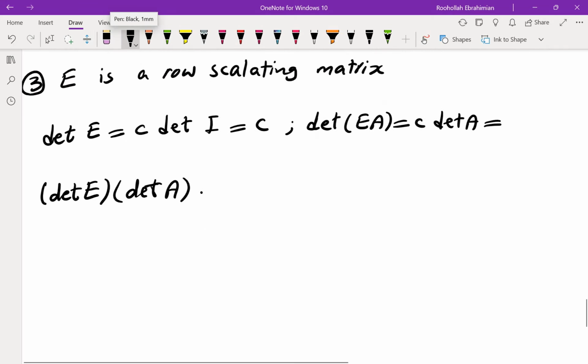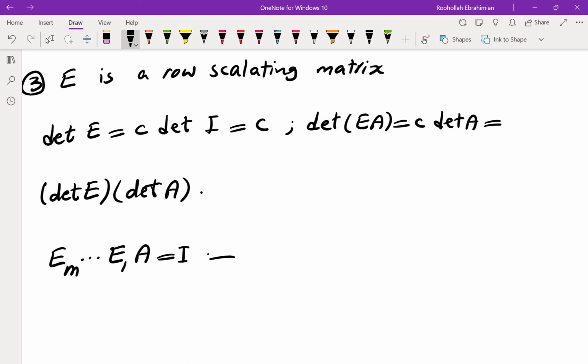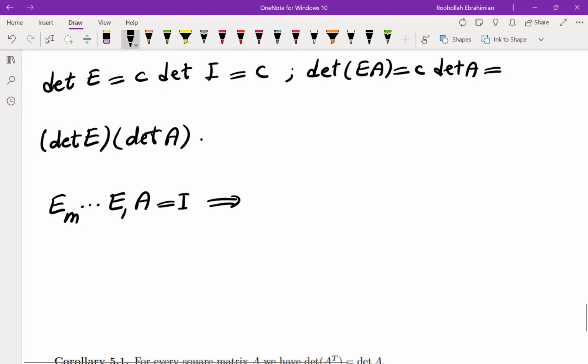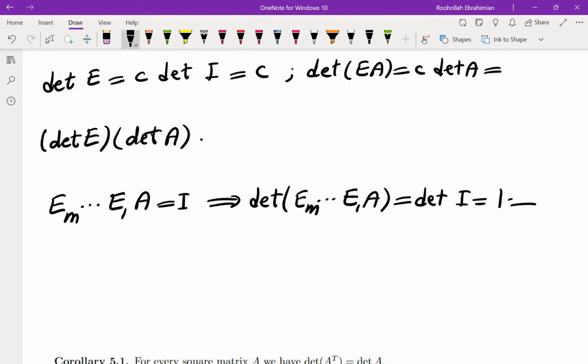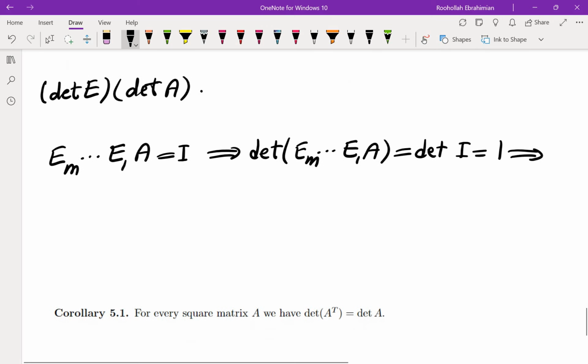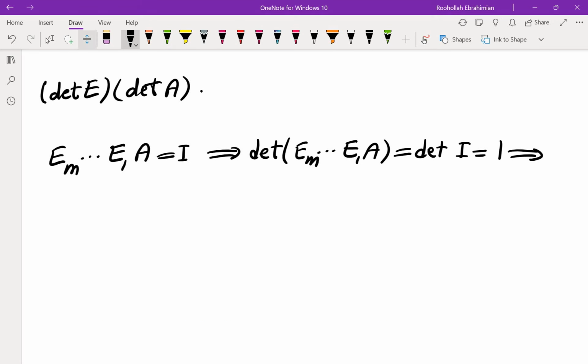Now back to the original problem. We got to this point. If I rewrite it, we got to EM all the way to E1 A equals identity. Let's now take the determinant of both sides. We get the determinant of EM all the way to E1 A equals the determinant of identity, which is 1. Now, because the determinant of EA is the determinant of E times the determinant of A, I can take out those elementary matrices.